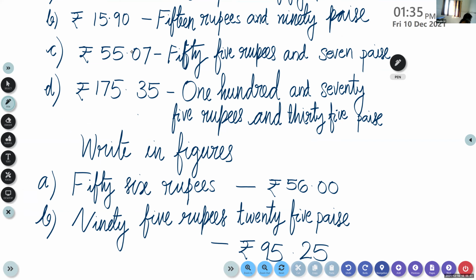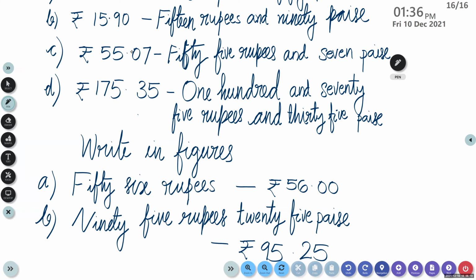The third one is 29 rupees 5 paisa. Ma'am, please send this on WhatsApp. I will send it in the WhatsApp group. Second question is already on the board: 95 rupees 25 paisa.